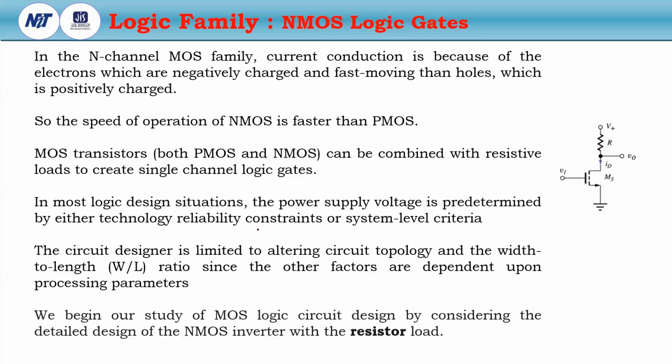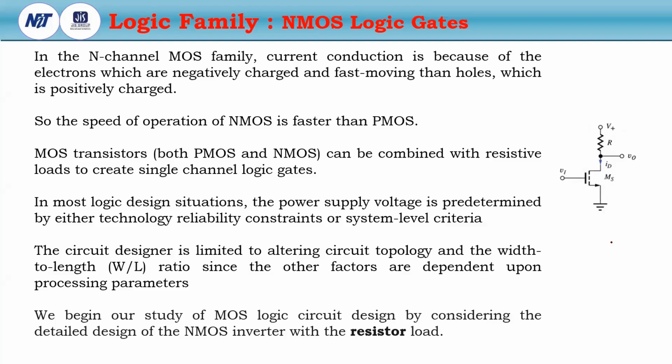So in most logic design situations, the power supply voltage is predetermined by either the technology reliability constraints or the system level criteria. This power supply for the ICs is maybe maximum 12 volt. In general, it is the 5 volt. Okay. And another parameter is that where we use this MOSFET, the NMOS or the PMOS, it depends upon the aspect ratio. Aspect ratio means the width of the channel and the length of the channel.